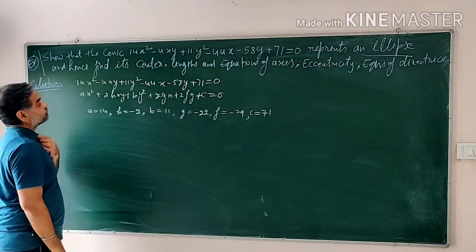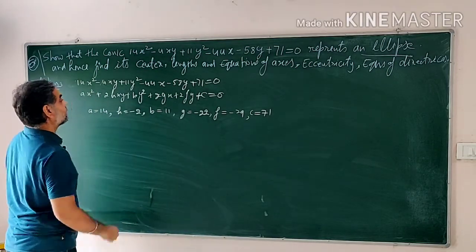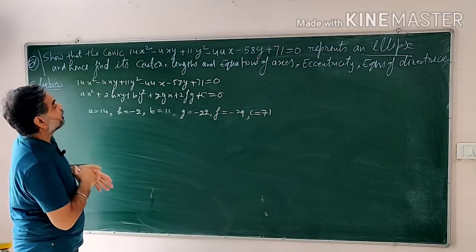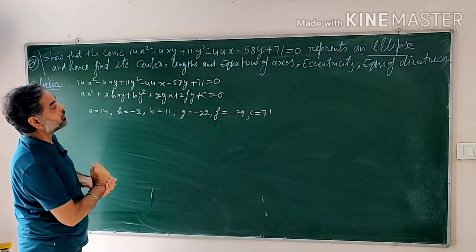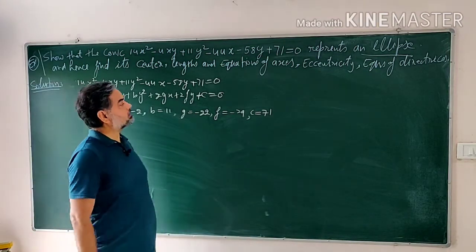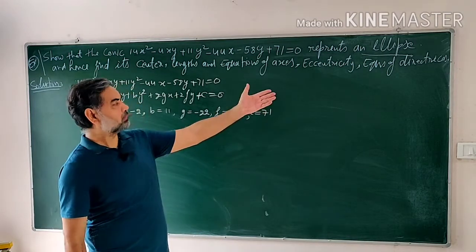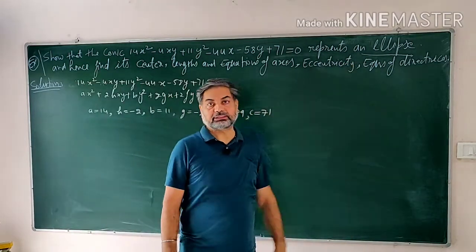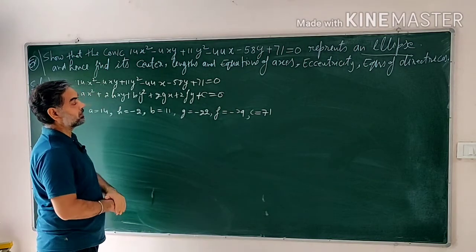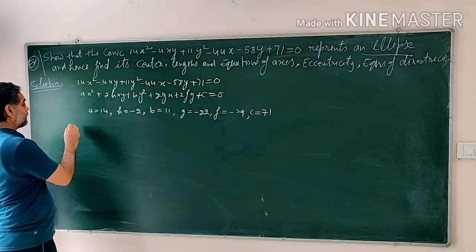Alright, and now we find the center. First of all, we can find the center of this conic, and later on we will see that this conic is an ellipse also. So first of all, how to find the center?